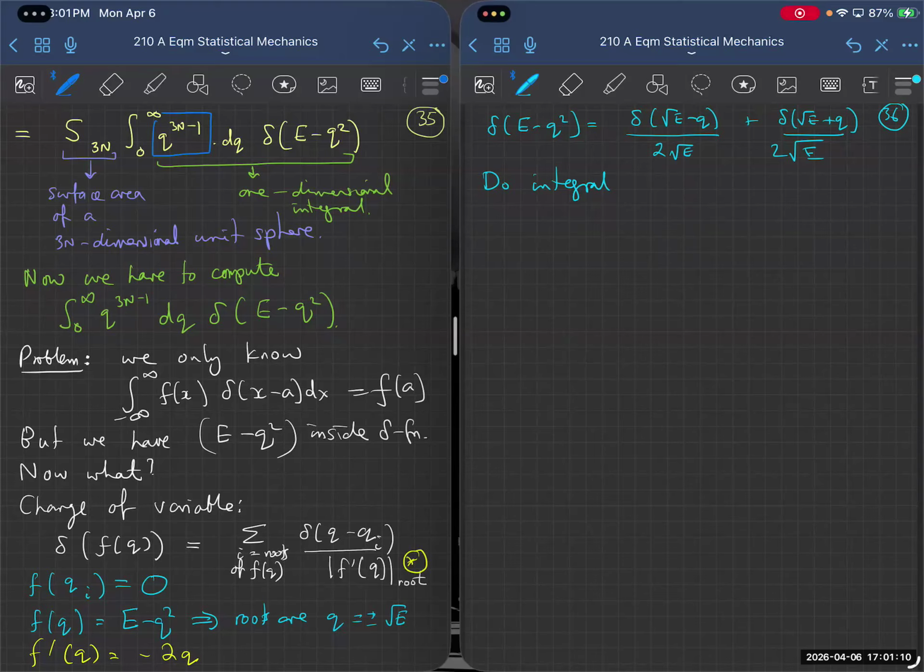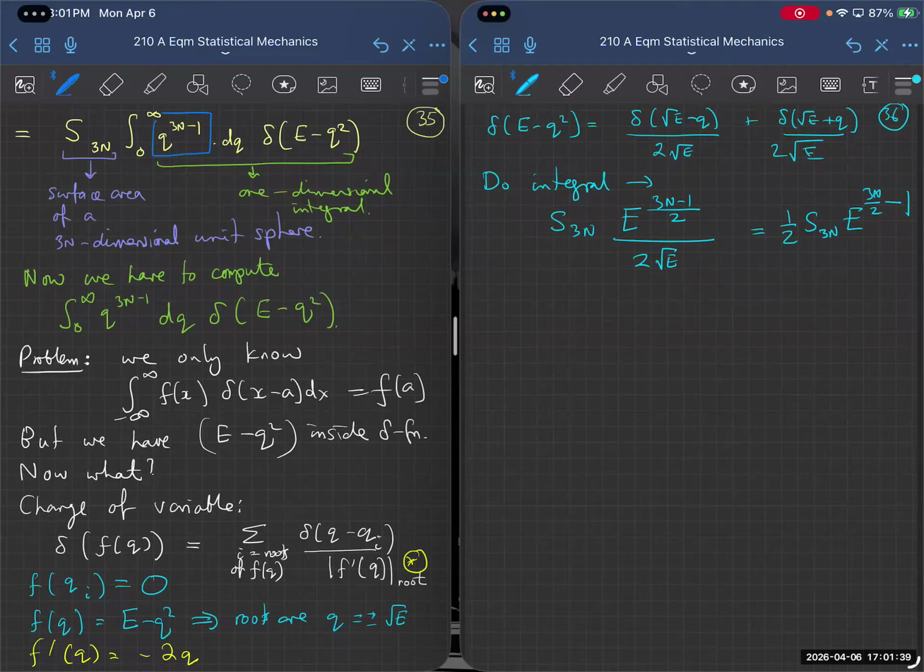And so what I'm going to get is the surface area of the 3n-dimensional sphere, and then e to the 3n minus 1 over 2 divided by 2 over the square root of e, and that is 1/2 s to the 3n e to the 3n over 2 minus 1.